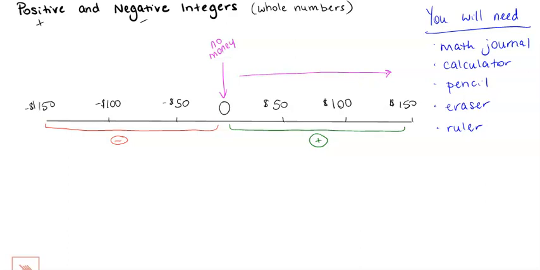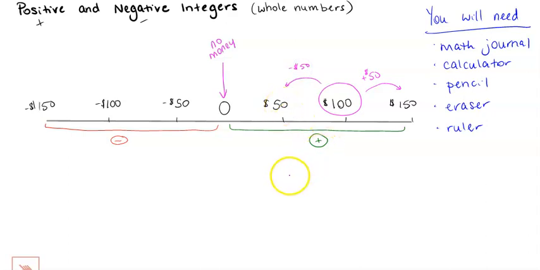Let's say you make enough money to be sitting at $100. If you gain, say, $50, you'd go up to $150. If you lose $50, you're going down to positive 50.